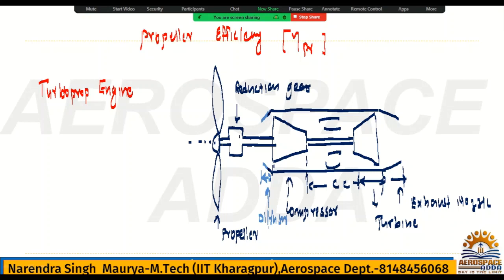Speed limitation in the sense only subsonic aircraft is possible with the help of a turboprop engine. Supersonic is not possible. But turbojet is best for the supersonic. Turbofan is good in both cases, subsonic and supersonic, but turboprop is only for subsonic and less altitude.